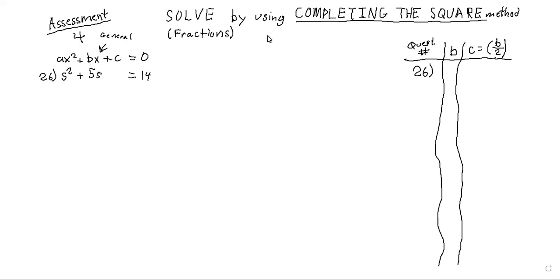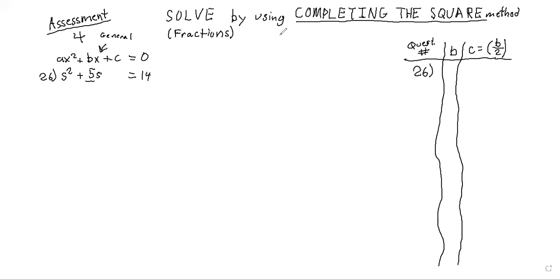So we're going to complete the square, which is just to compute that missing value of c, because we're missing a value of c here. And what are we going to use to do that? We're going to be using the given value of b. In this equation, b is 5, matching up with the general equation.